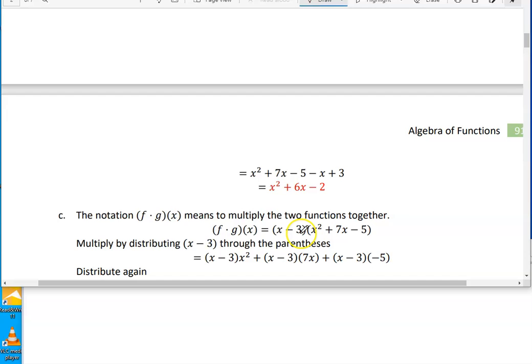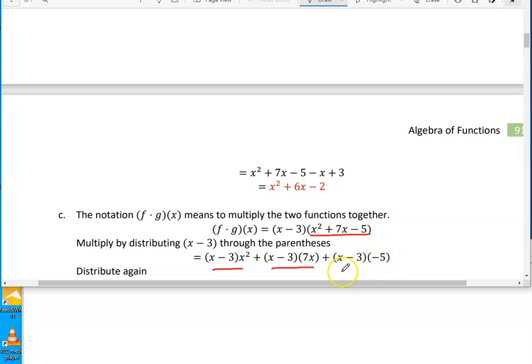Now, this is the part where it gets a little scary, but don't panic, because we can always say, I'm going to work with it this way. Let's just practice multiplying out. I'm multiplying x minus 3 times x squared plus 7x minus 5. See how they're taking the x minus 3 times each of the elements inside of there. X minus 3 times x squared, x minus 3 times 7x, and plus an x minus 3 times a negative 5.